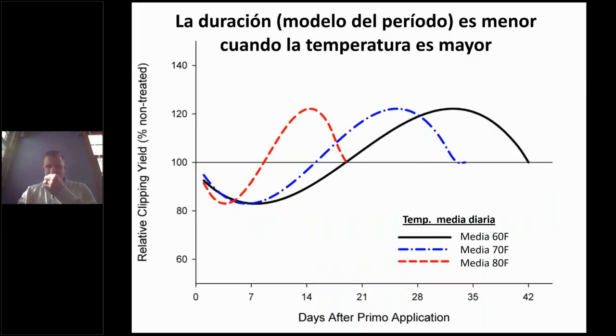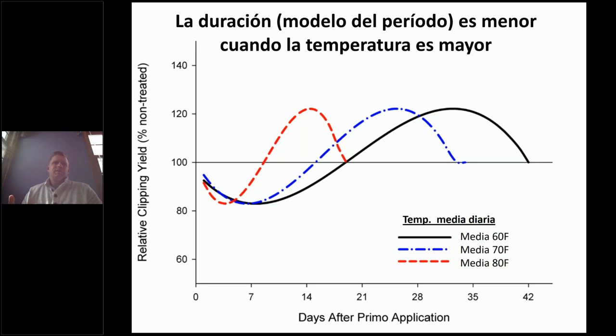So for example, if we're looking at how long a plant growth regulator lasts for a putting green, if the median air temperature is 80 degrees Fahrenheit, so fairly warm, versus the median air temperature is 60 degrees Fahrenheit, a difference of honestly just about 10 degrees Celsius, you're looking at either 10 days of suppression followed by 10 days of rebound, or 20 days of suppression followed by 20 days of rebound, just by a slight change in the temperature of the air.